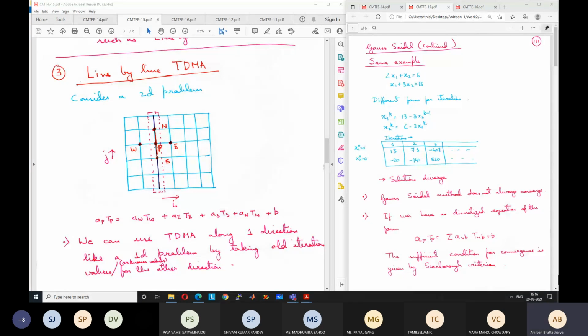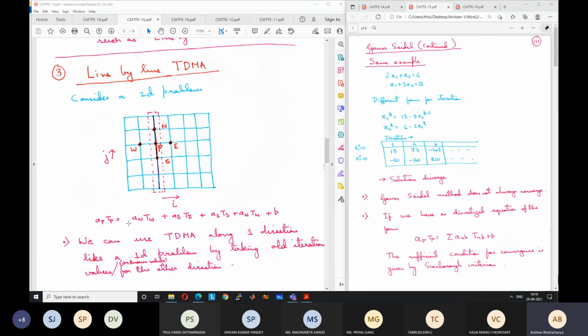The equation for this point will be written in terms of its neighboring points. We have seen that APTP should be equal to AWTW plus AETE plus ASTS plus ANTN plus B. This will be the form of the discretized equation if you use the finite volume or finite difference method.